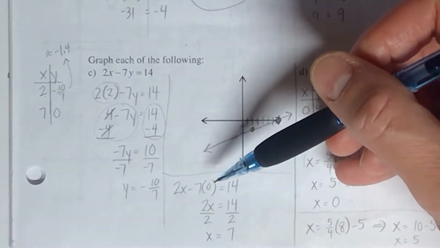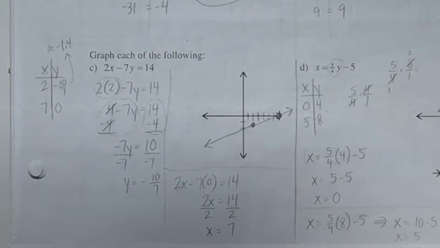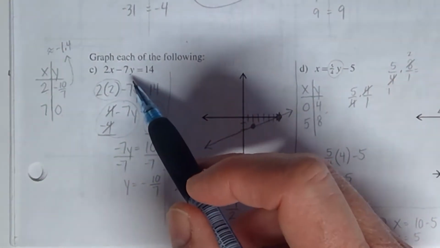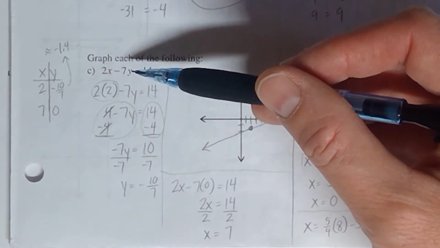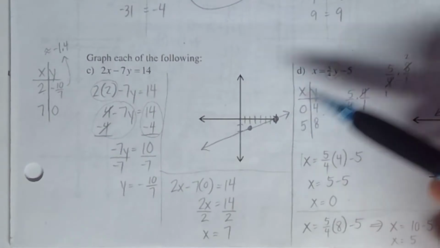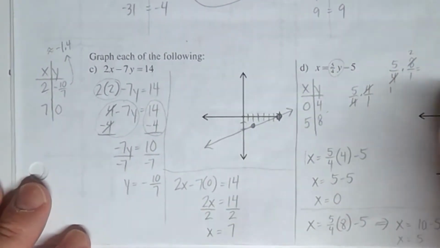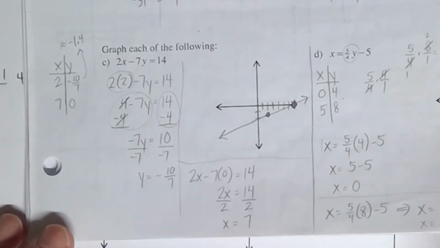And then I plugged in y equal to 0 and solved for x. So when you have both variables visible, you can plug in any number you want, into either variable, until you get two ordered pairs, and then you graph it. Just a little review right there. We also learned a different method, which I'll review with you in the next problem.